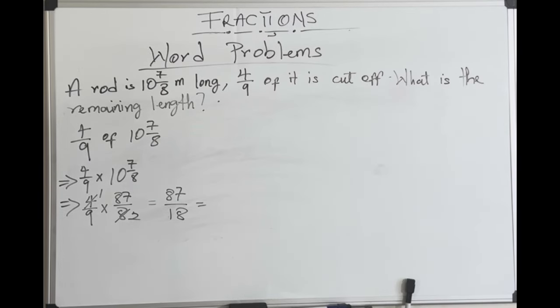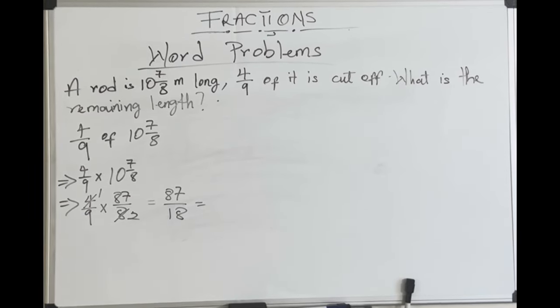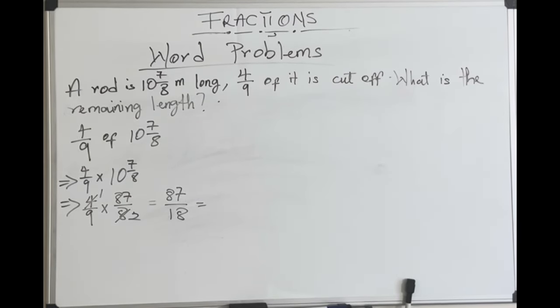So 87 divided by 18. We have... so we can go ahead and do cancellation with 3.